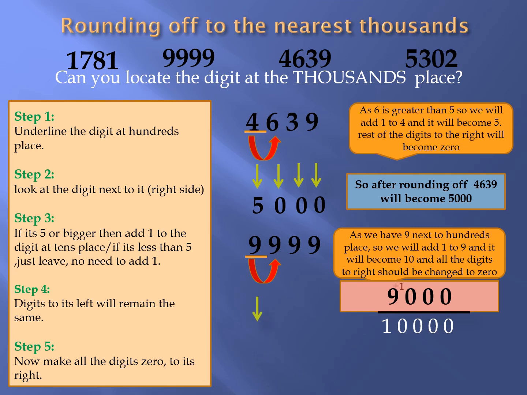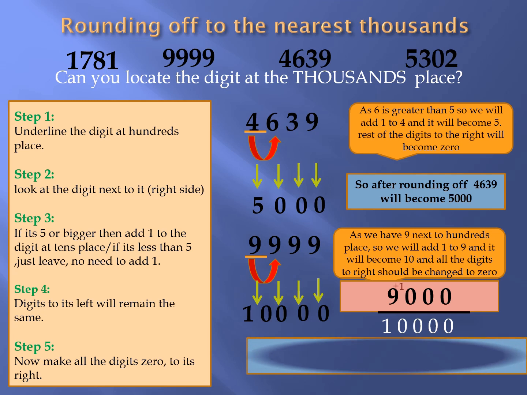And the rest of the 9s will become 0. So this 9 became 10 as we added 1 to it. The next 9 became 0. This one became 0. And the last one also became 0. So when we rounded off 9999 to the nearest 1000, it became 10,000. I hope you would have understood it.